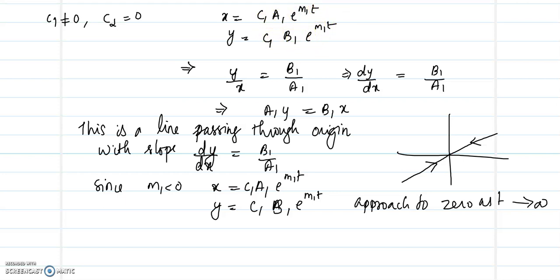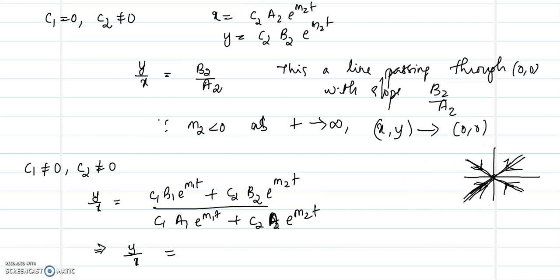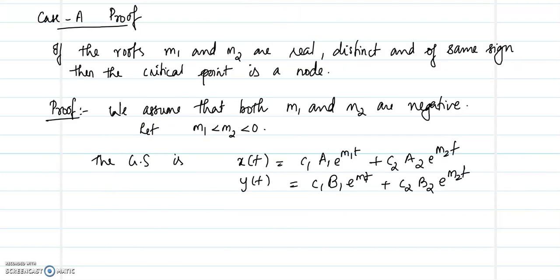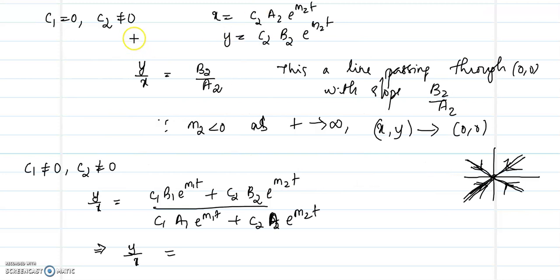So it will be entering the origin as t tends to minus infinity. It will be passing through the origin, and again the same case applies for C2 not equal to 0. When C1 equal to 0, C2 not equal to 0, the same thing will come.